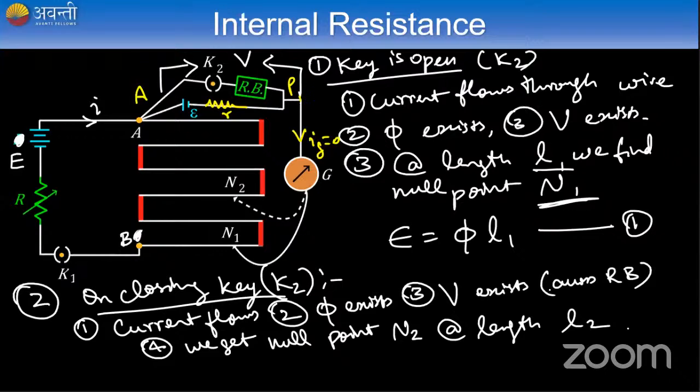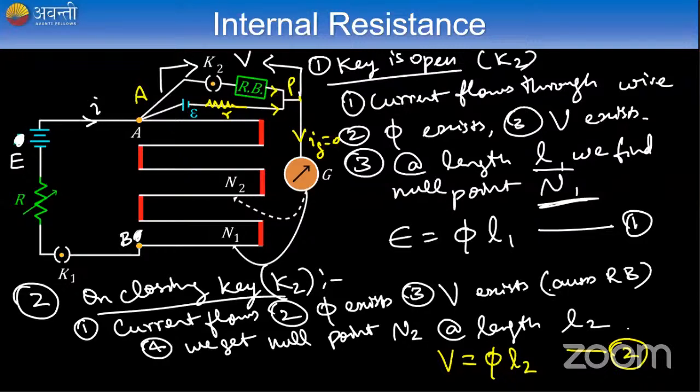If the galvanometer current is 0, then I can also say that the current flowing in these two circuits should be equal, or the potential drop across this internal resistance and this resistance box should be the same. That potential drop is given by V. Now if we write the potential gradient form, V is equal to 5 times L2. This is equation number 2.